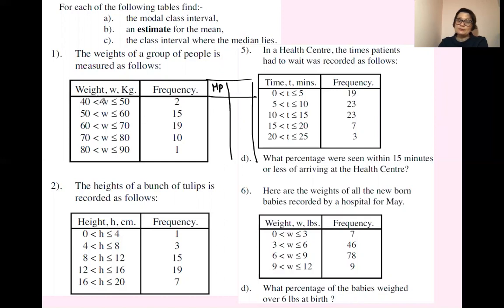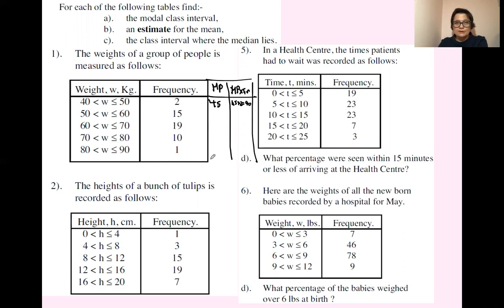Midpoint, so the midpoint of 40 to 50. How do you find it? 40 plus 50 is 90, divided by 2 is 45. And then the last column, we're going to add the multiplication of the midpoint by the frequency. So it's going to be 45 times 2, 45 times 2 equals 90, and so on.